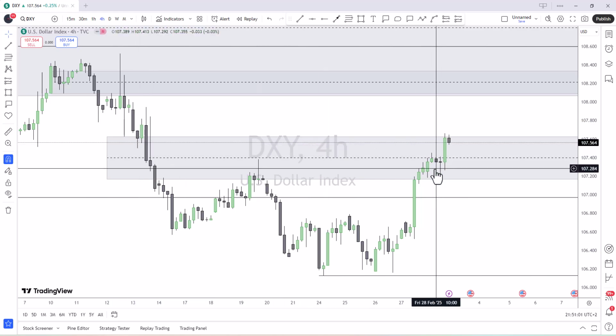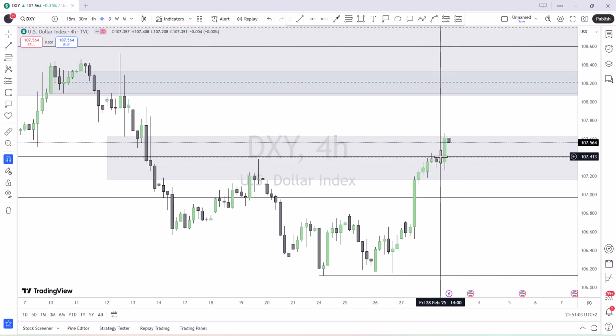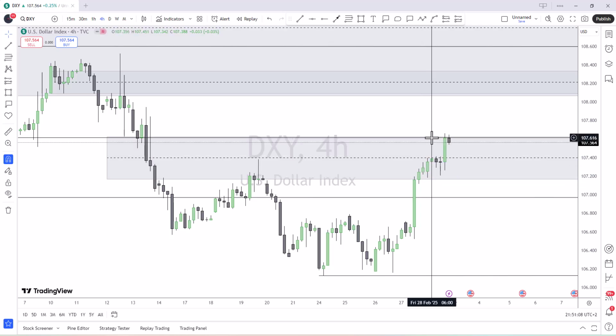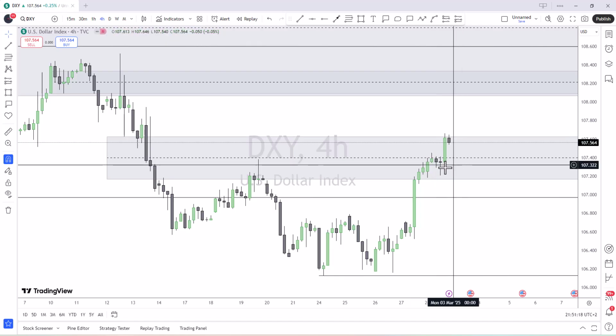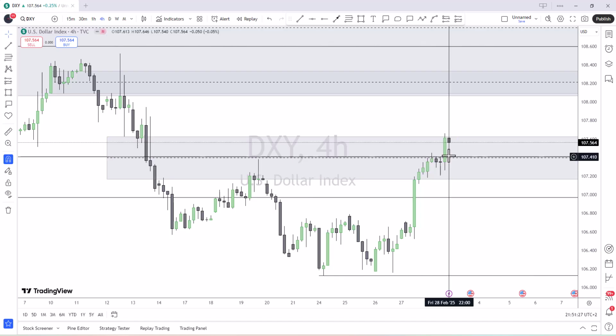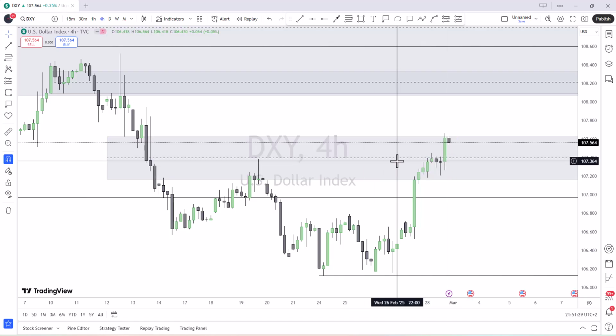Look at the emphasis that price had in the last 8 hours on a Friday to close the daily fair value gap. Look at the impulsiveness of price, the way it was enticing people to go to the upside. I'm pretty sure that was during that Trump and Zelensky meeting or something like that. That's when we had that huge push.